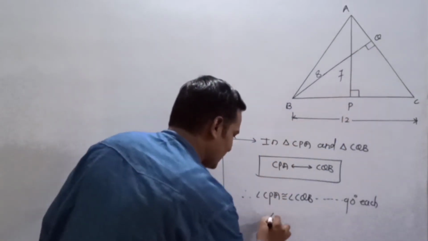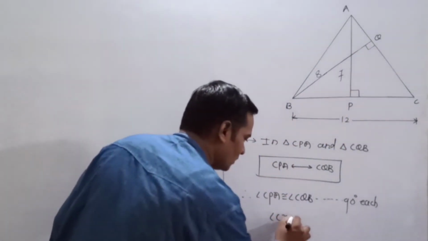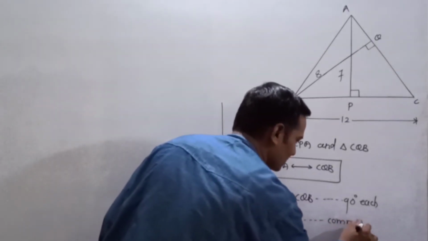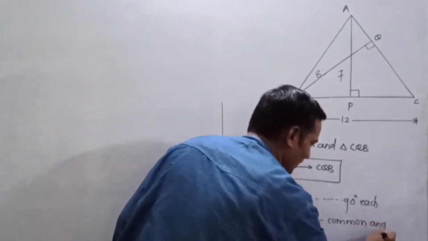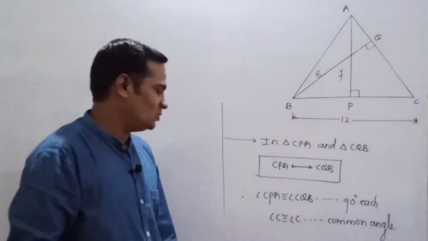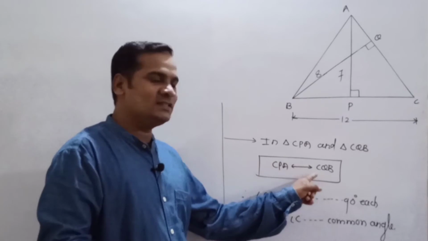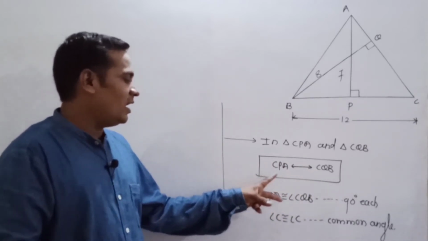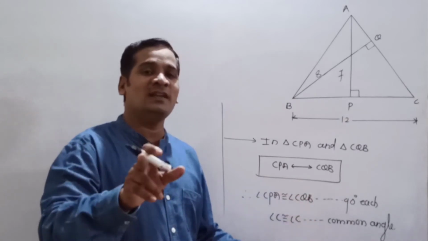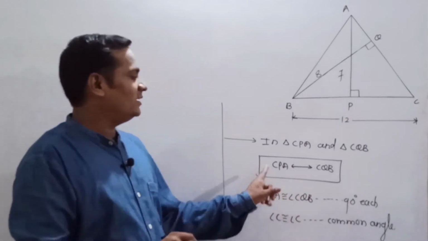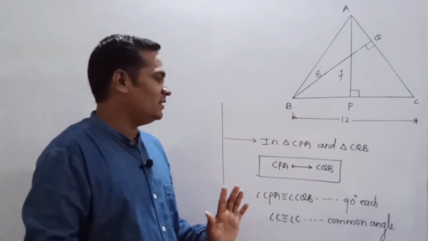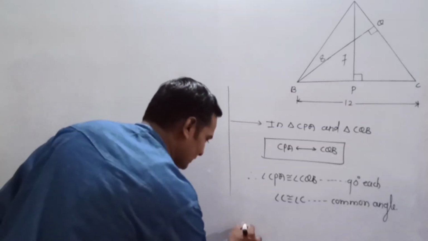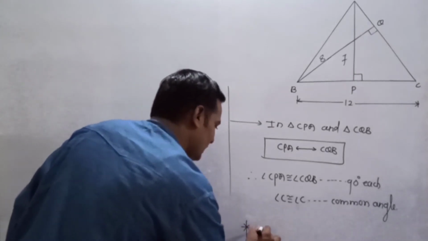And angle C is congruent to angle C, which is common. Therefore, in a one-to-one correspondence between the vertices of two triangles, if any two angles of the first triangle are congruent with the corresponding angles of the second triangle, then the two triangles are similar by angle test.